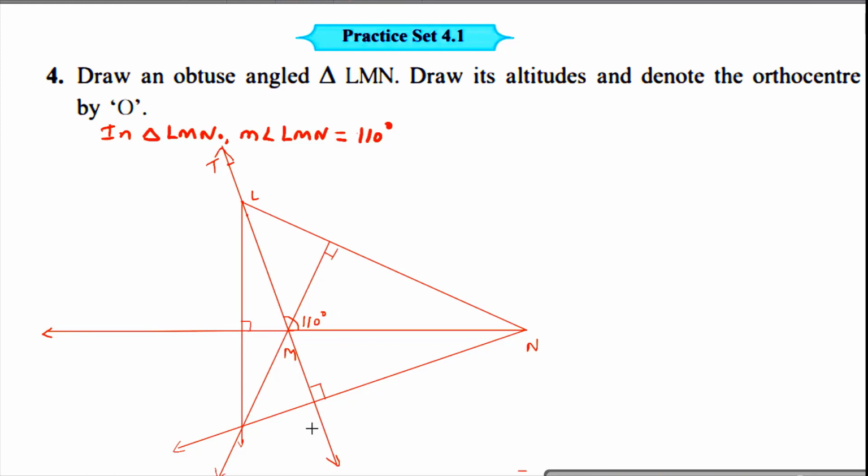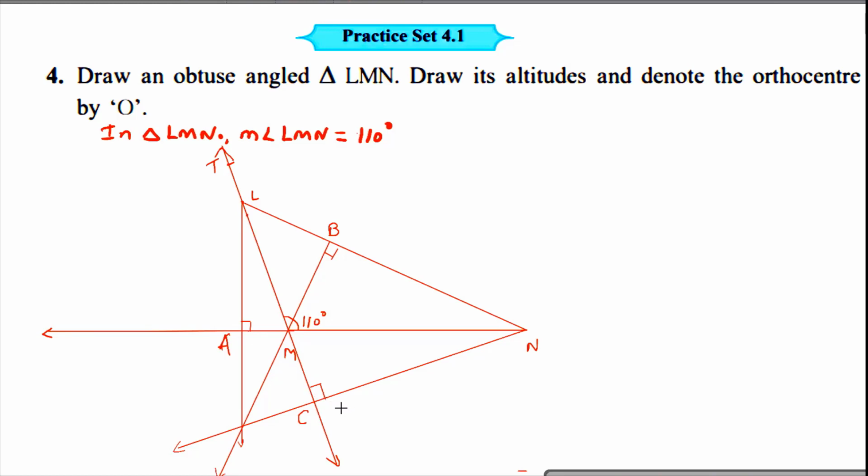We see that all three altitudes, segment LA is the altitude drawn from vertex L to the opposite side EMN, which is perpendicular, and the altitude drawn from vertex M, this one is point D, perpendicular to side LN, and this one is point C, altitude NC, perpendicular to side LM.